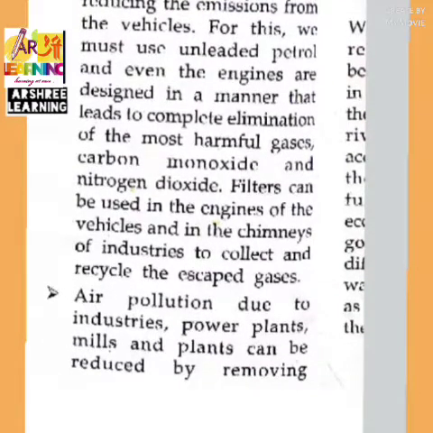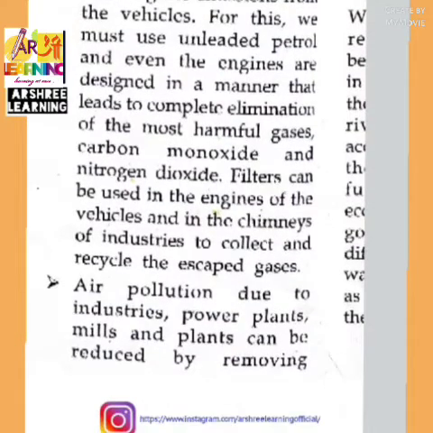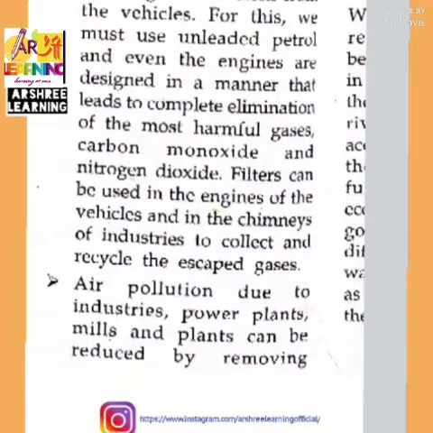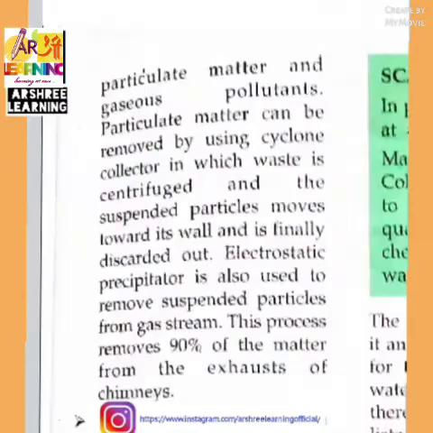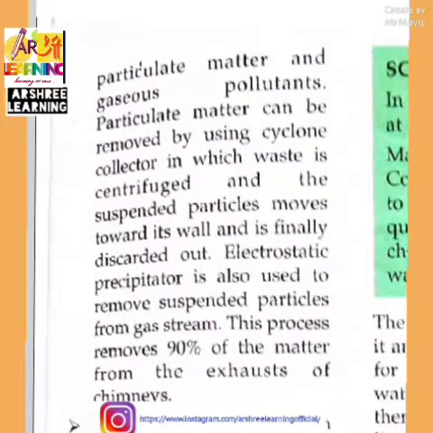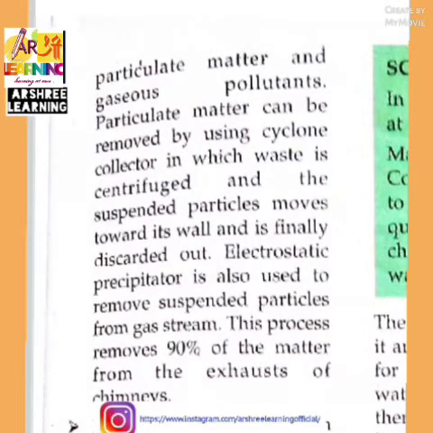Even the engines are designed in a manner that leads to complete burning of the fuel, which reduces air pollution. The air pollution due to the industries' power plants can be reduced by removing the particulate matter and gaseous pollutants. The particulate matter means the particles which are thrown out.